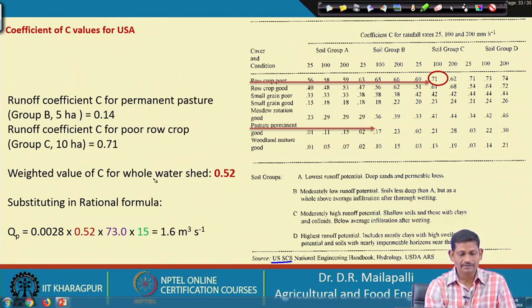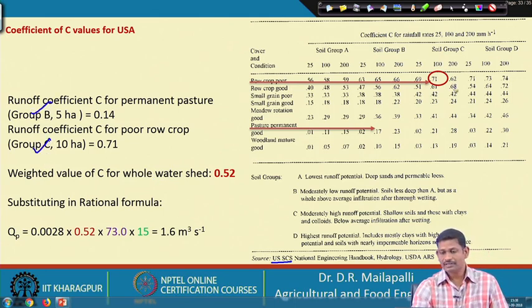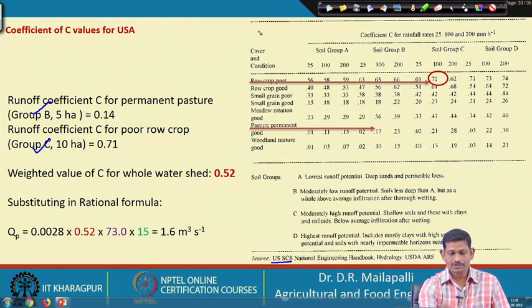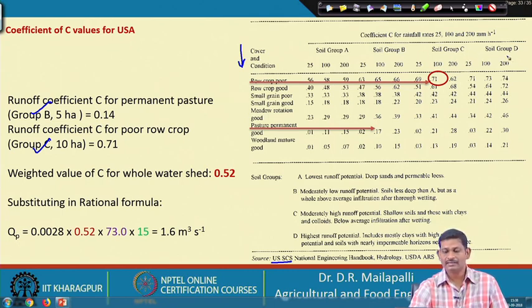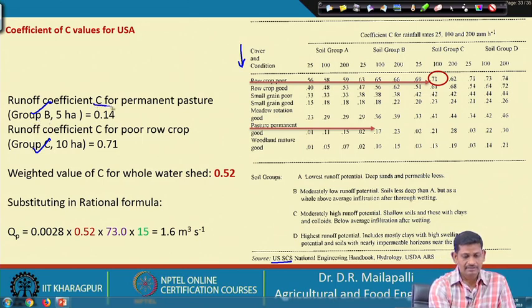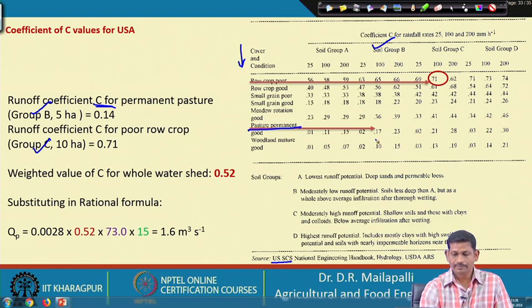For coefficient C they gave soil groups B and C. In this table, the first column gives the cover and condition of the land, and then soil group A, B, C and D, defined based on the infiltration capacity. For permanent pasture, look here, in group B.